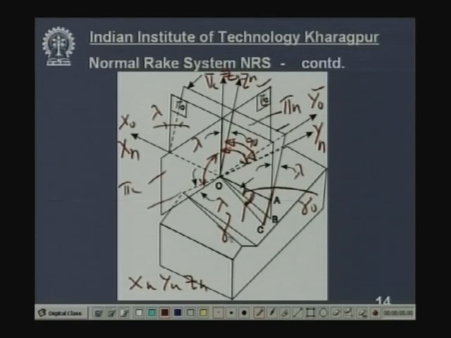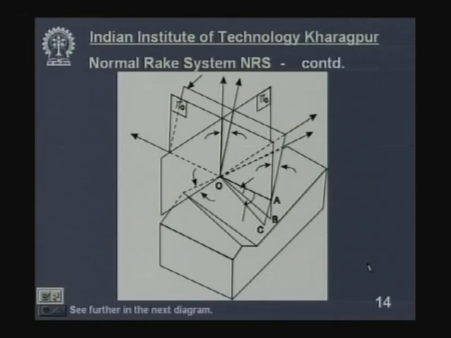On the normal plane. So, this will be denoted by gamma n, that is called normal rake. Now, similarly, on the same plane the clearance angle has to be measured.